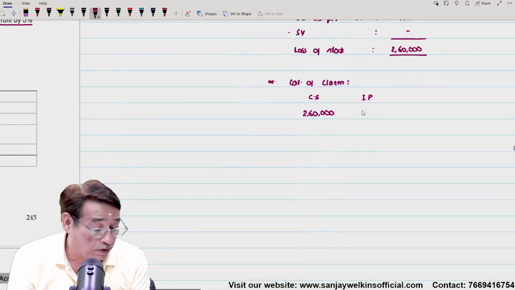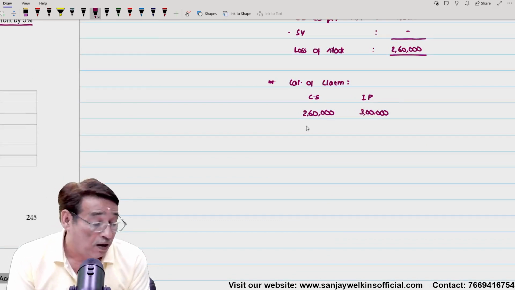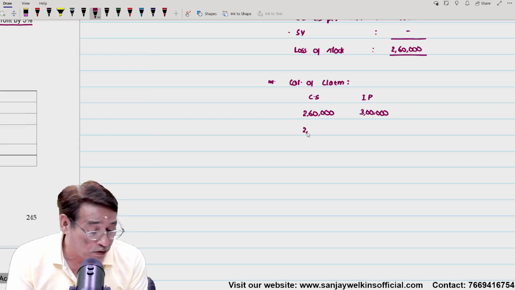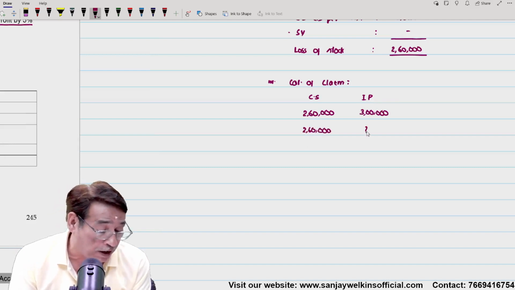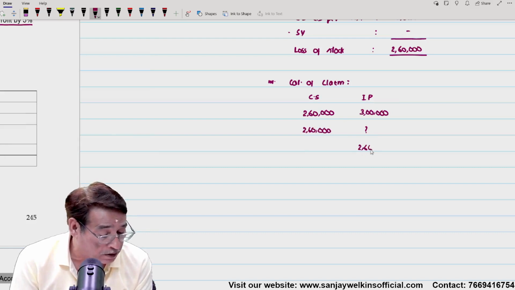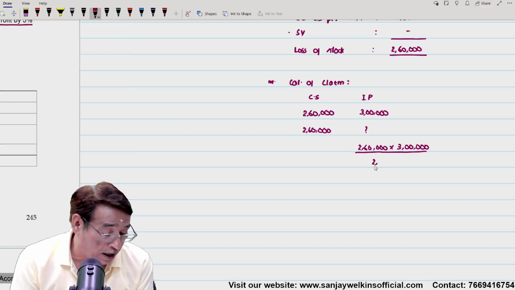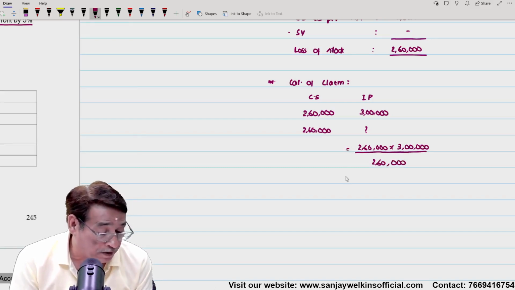Insurance policy amount is 3 lakh. Correct? And because my loss is also 2,60,000, what will be the amount of claim? That is 2,60,000 into 3 lakh divided by 2,60,000. If I compute it, it is coming to 3 lakh.